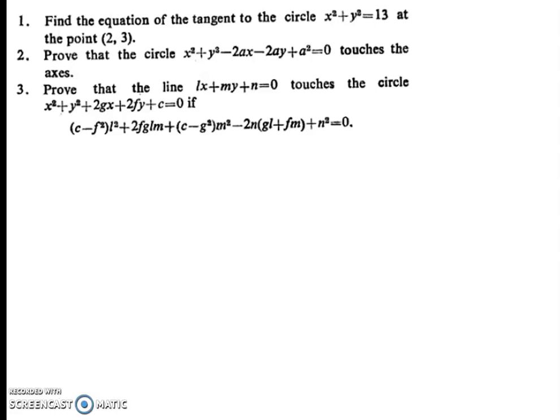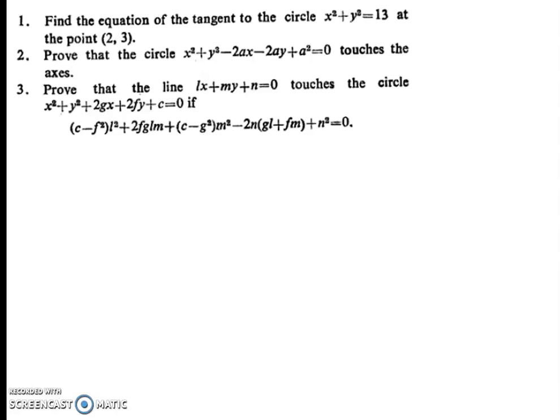So here we have some questions related to this. Find the equation of tangent, which is very easy. Prove that this touches the axis. That means we want to find the equation of tangent which is either the x-axis or the y-axis. Prove that the line lx plus my plus n touches the circle. So it's also easy.